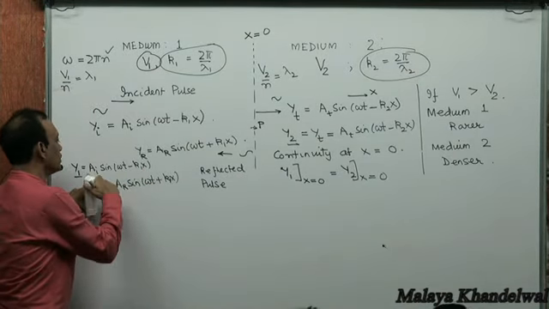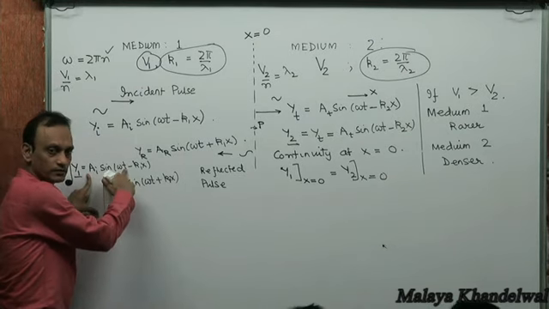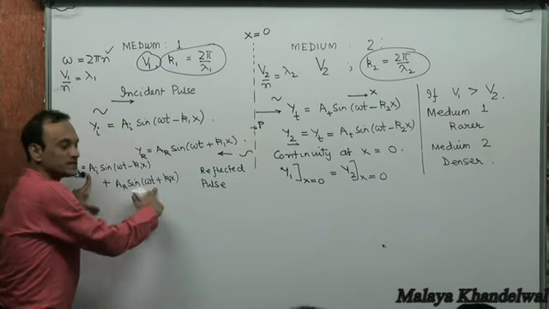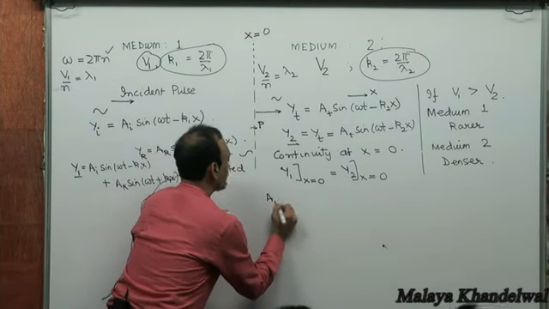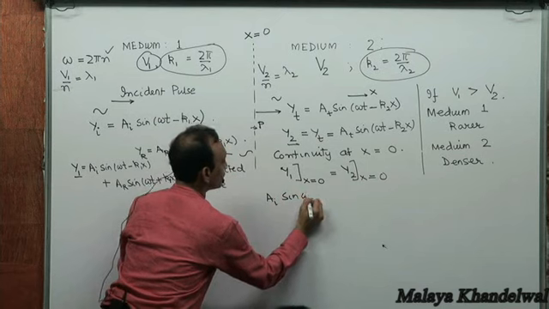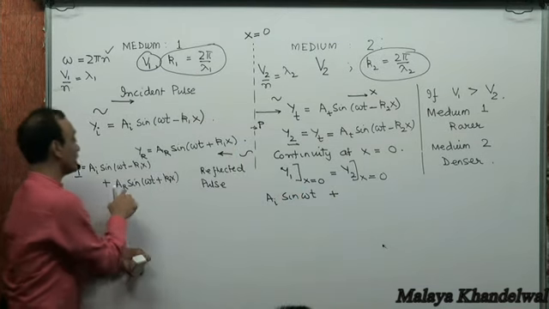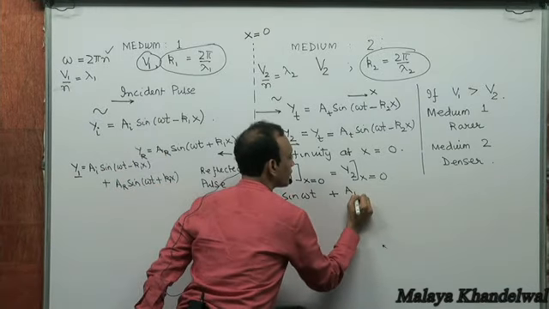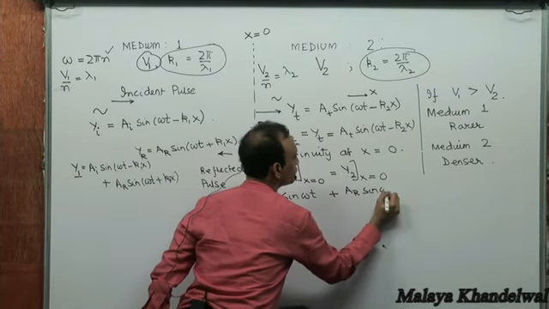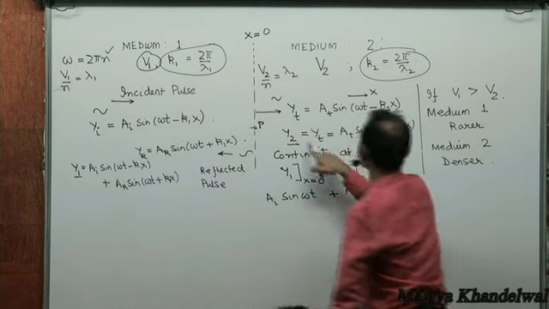So y1 at x equal to 0 is what? Plug in x equal to 0, that gives me ai sine omega t. This gives me ar sine omega t at x equal to 0. And what does this give me?